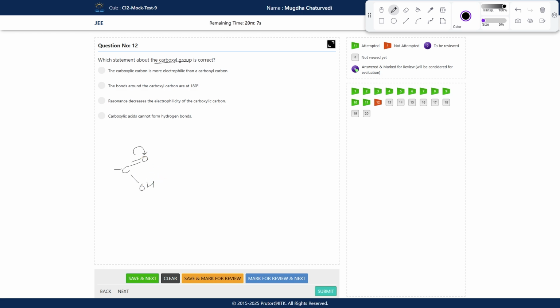Okay, so if this goes here, you see the resonating structures. Here this O has negative and over here OH. Okay, this oxygen has lone pairs when it goes here. So this is CO minus double bond OH plus. So if you see over here, this is the resonance in carboxyl group.